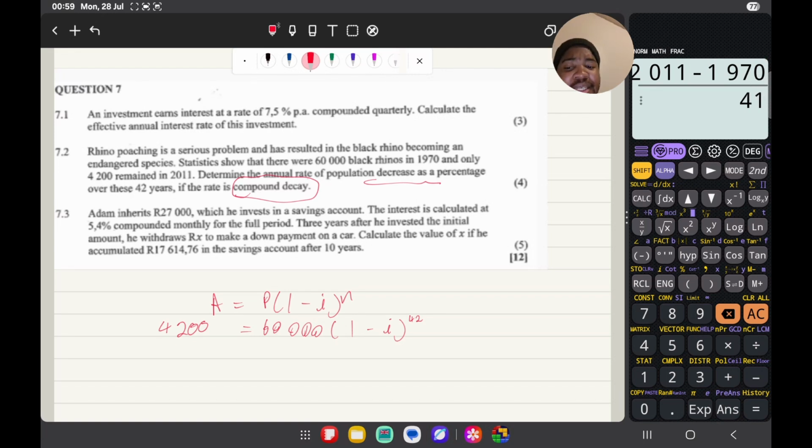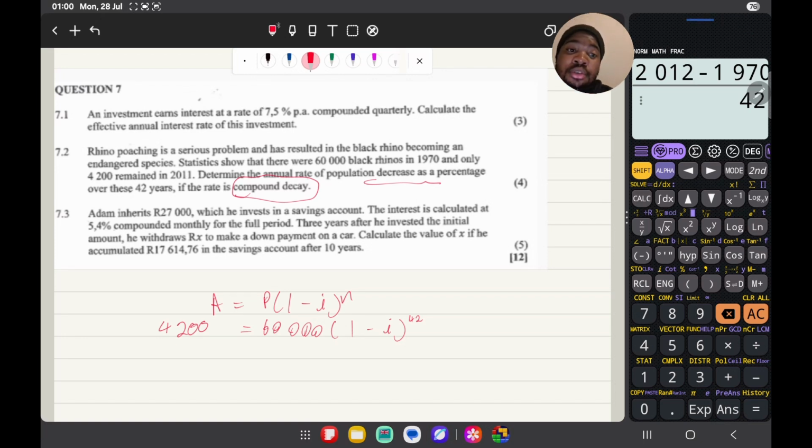From 1970 to 2011 it's been 41 years, not 42 years. So it doesn't make sense for me to even use these figures. Maybe I would have to use the figure for 2012, yeah, if it's 2012 then it will be 42 years.